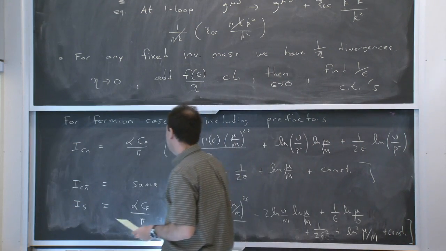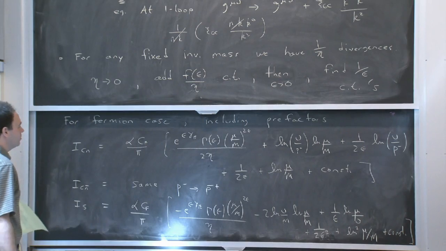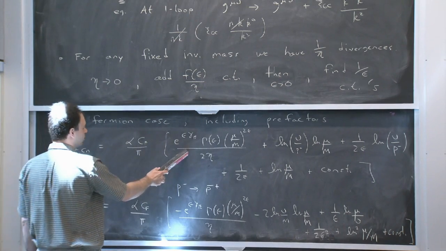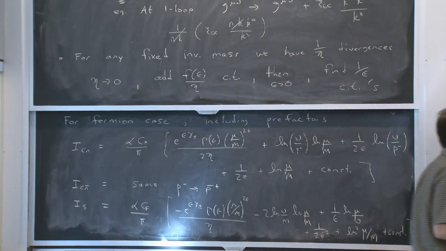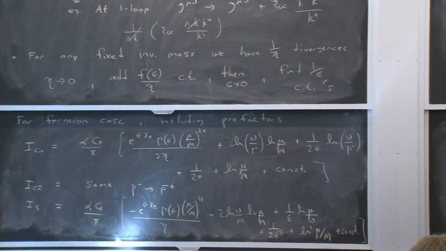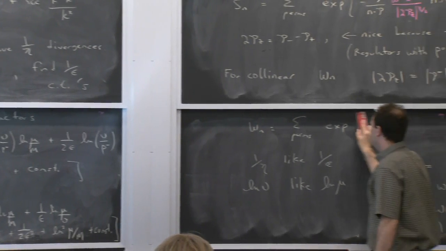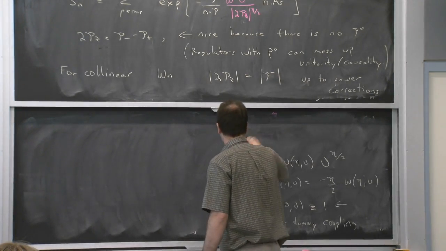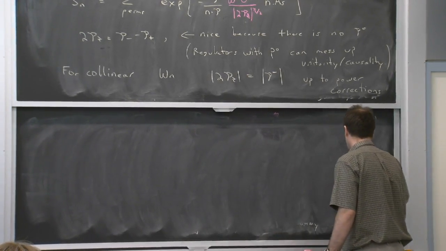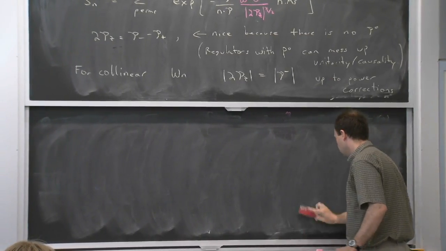And so you could think about adding them up. And what happens when you add them up is you have 1 over 2 eta, 1 over 2 eta, minus 1 over eta. And so those 1 over eta poles cancel. And that's exactly what you'd expect, because in the full theory, the eta was something we introduced in order to distinguish these effective theory modes. It wasn't something that was there or needed for the full theory integral.